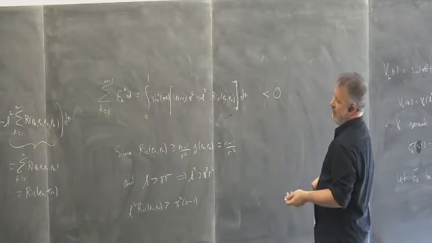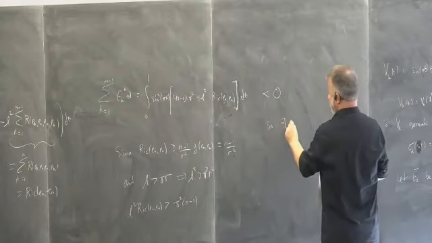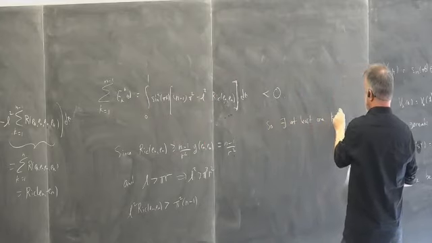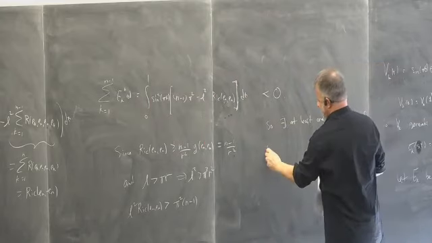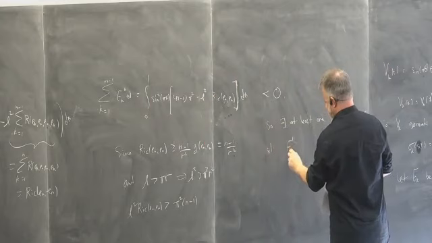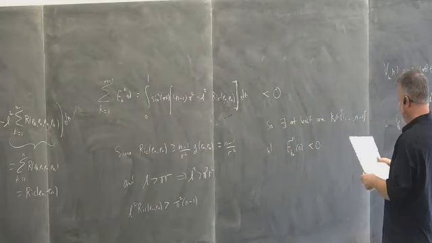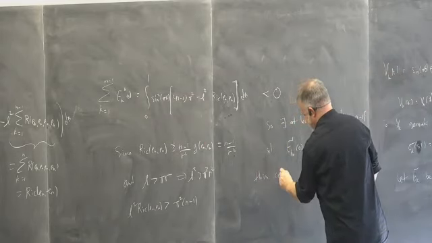That means at least one of them has to be negative, because if they were all non-negative, the sum would be non-negative. So there exists at least one k between 1 and n minus 1, let's call it k naught, such that the second derivative at k naught is negative. Okay, but this contradicts the fact that gamma is minimizing.